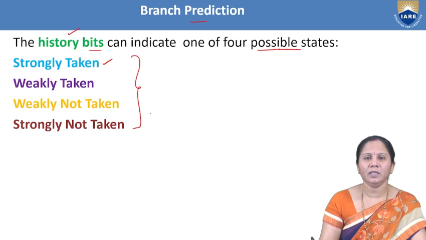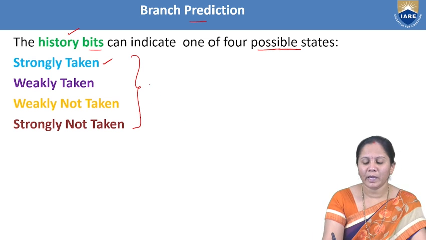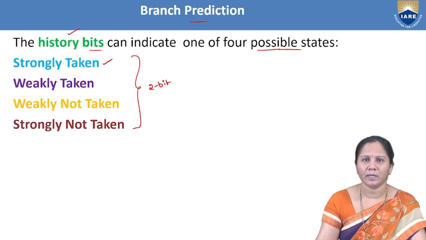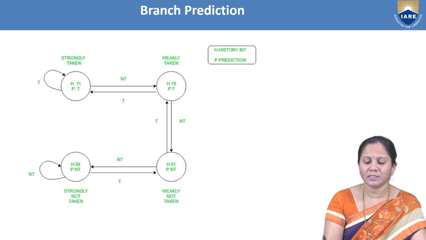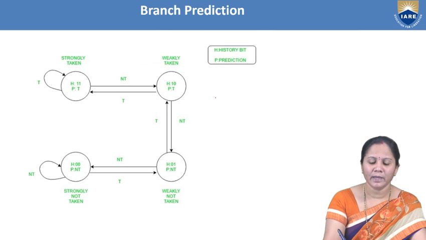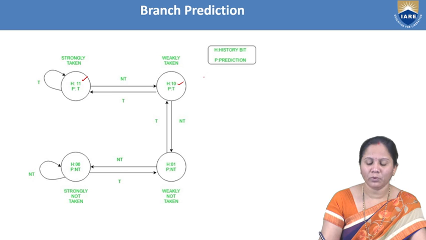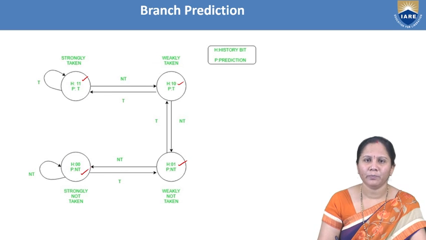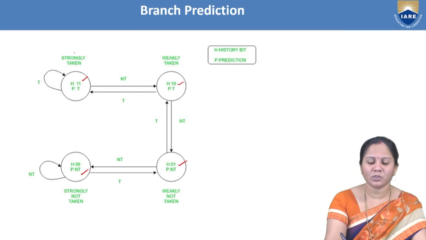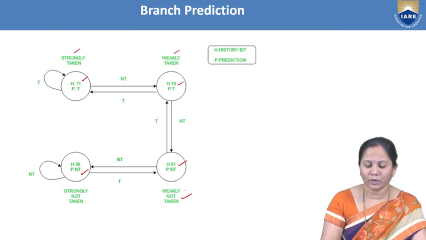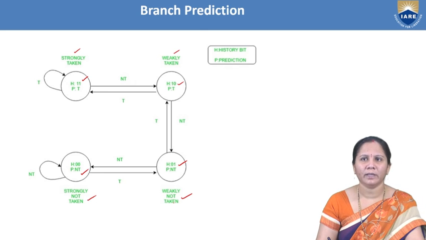If we are considering 4 possible states, we have to discuss the 2-bit branch prediction technique. Here are the 4 states: 1 1, 1 0, 0 1, and 0 0, which are strongly taken, weakly taken, weakly not taken, and strongly not taken.